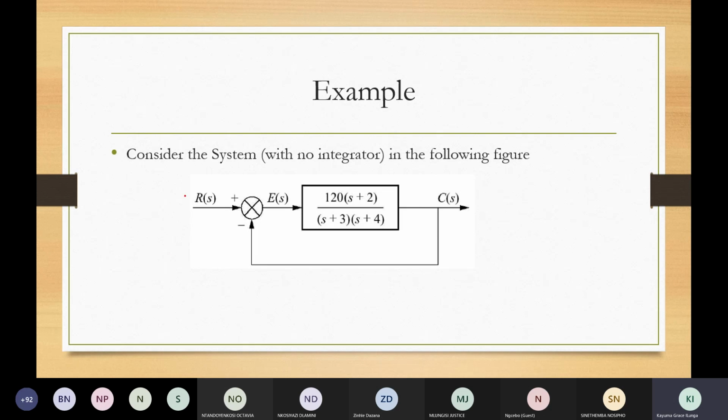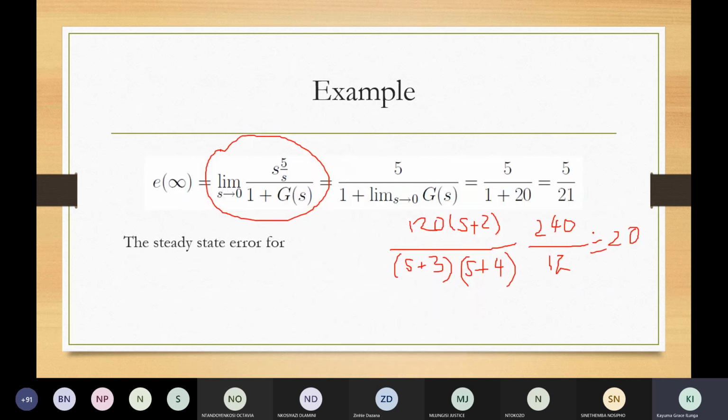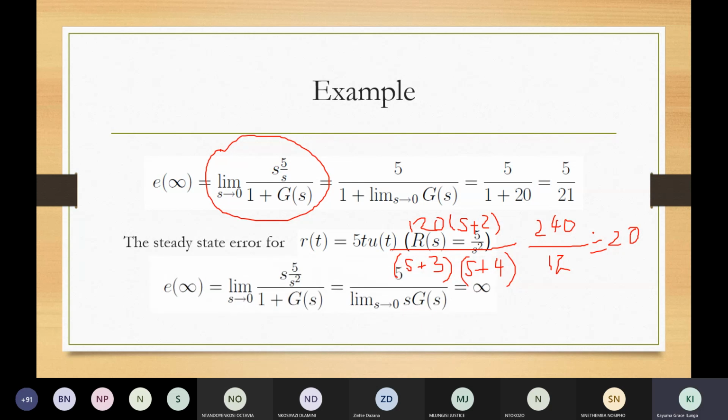Because there is no integration here, it means that our n is equal to 0. When n is equal to 0, after applying a step function, this is what we are getting.